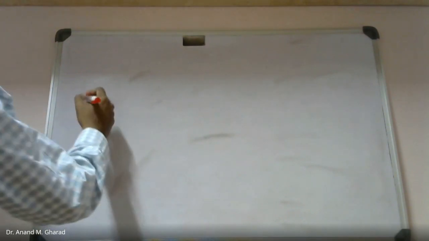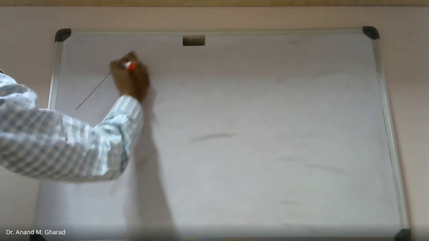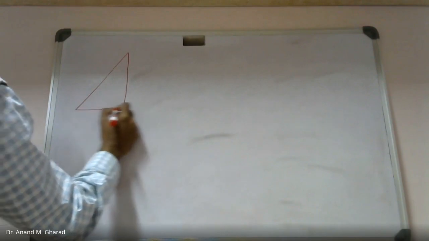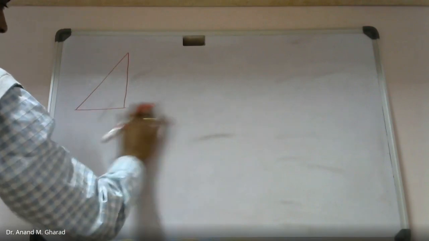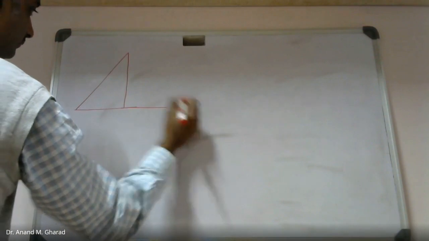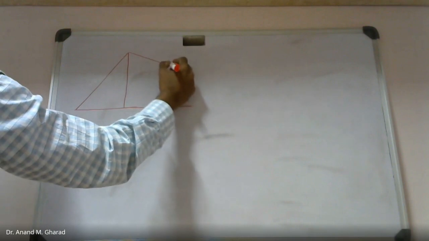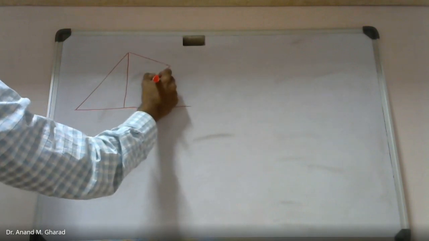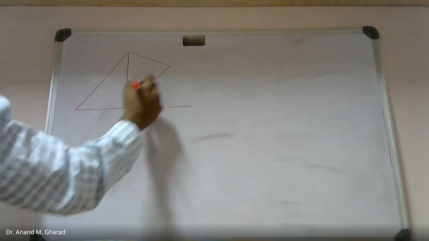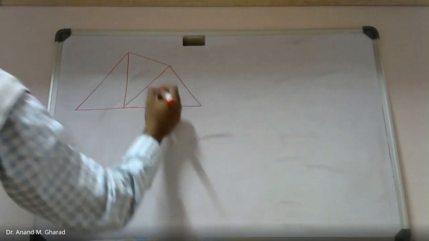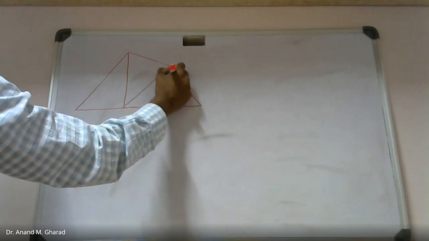So for example, you are supposed to compute the force in each member of the truss as shown in the figure. So this is a member, another member is like this, one is like this, okay, this is a vertical member.